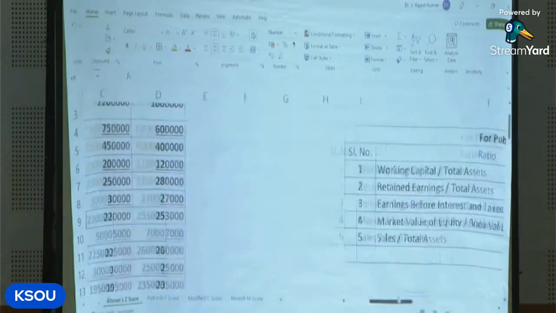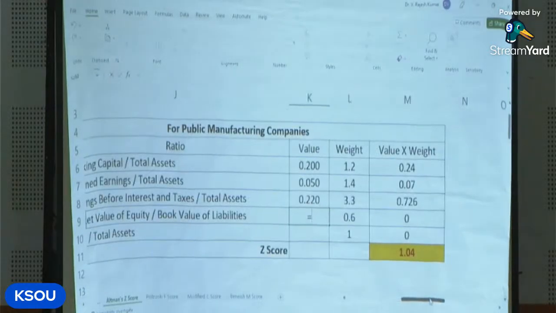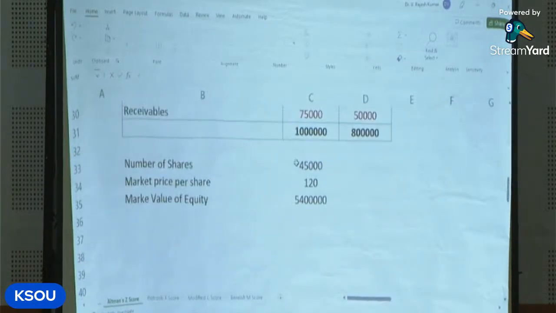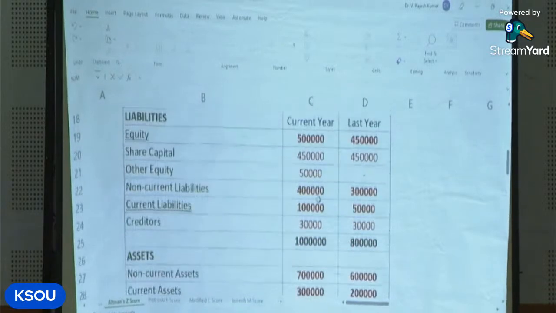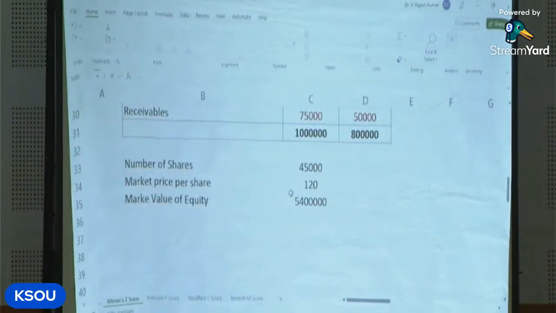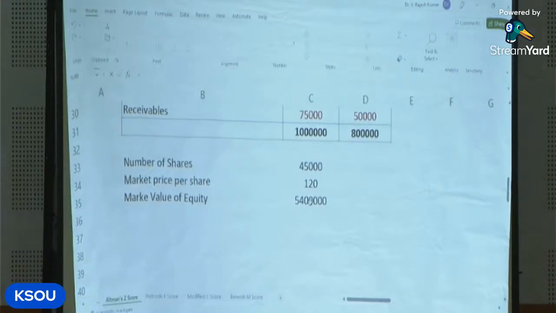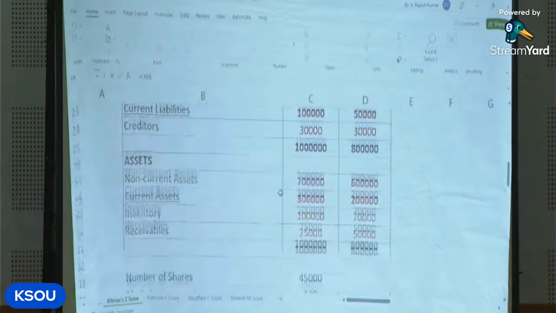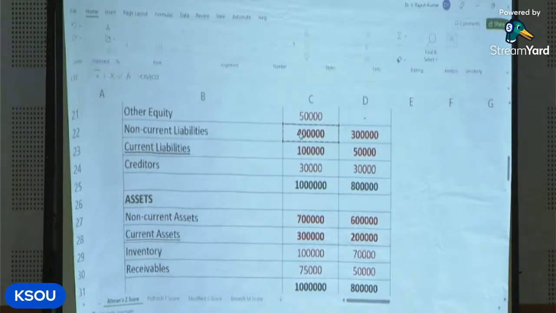So for this company, I just took 4,50,000 shares at 10 rupees per share market price. When I multiply this, I get market value of equity, divided by book value of liabilities, meaning non-current and current liabilities.